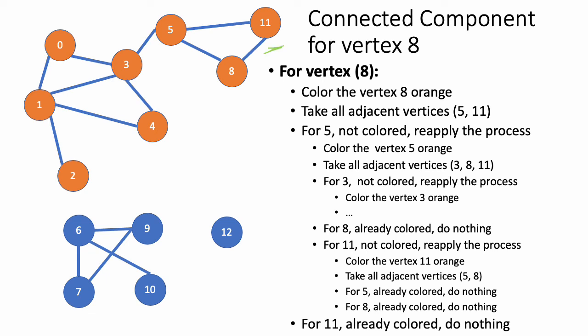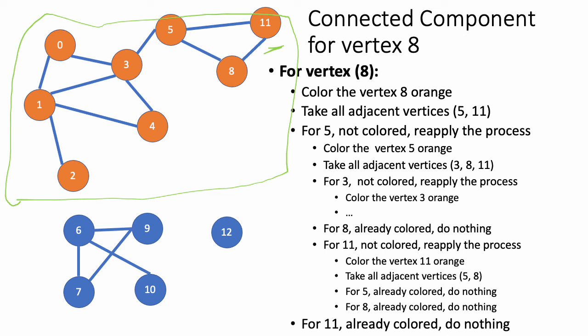So as you can see, I went full cycle and finished everything, and at the end, I obtained my component in orange, and all the other graph that is not connected with vertex 8 remained blue. So this way I identified, by coloring, the connected component for vertex 8.